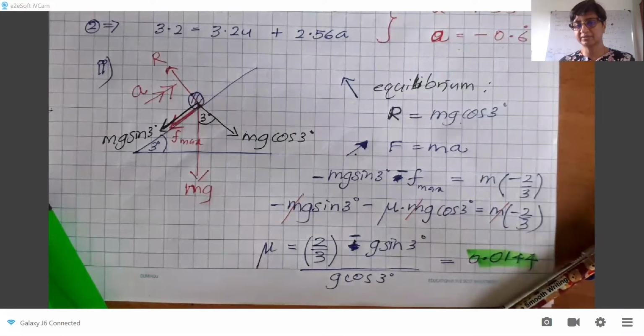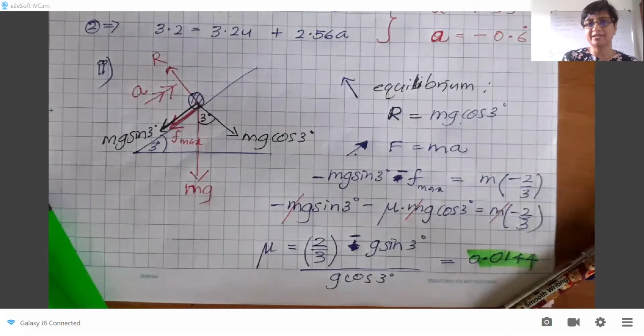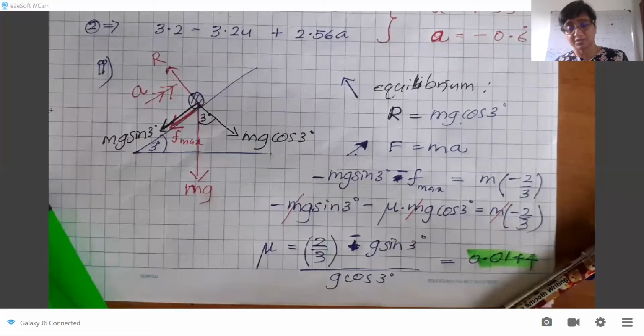Is that clear to everyone? What needs to be clear to you is not the way I did it. Is it clear to you why we applied the equations that we applied? Why wasn't it some other equation?